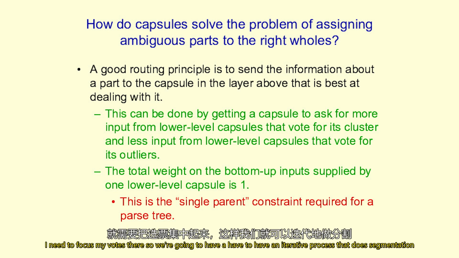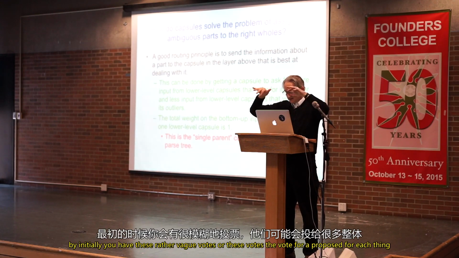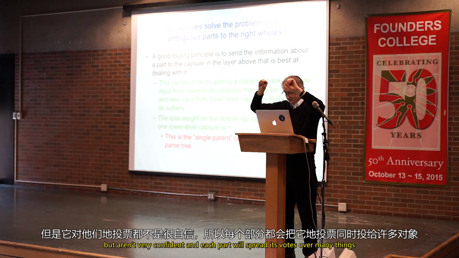So we're going to have an iterative process that does segmentation by, initially, having these rather vague votes, which propose something for each thing but aren't very confident. Each part will spread its votes over many things.